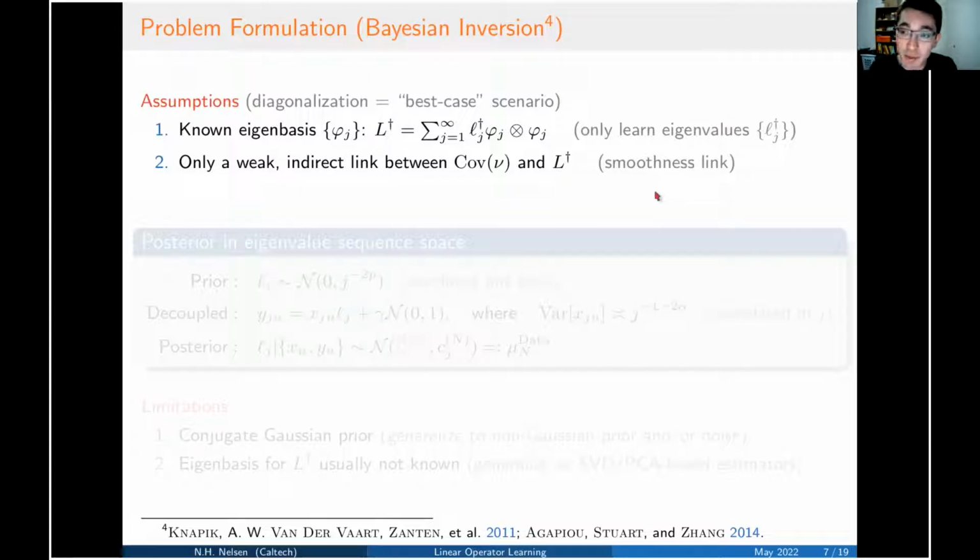It turns out it's still quite non-trivial to do this, and it's still quite important in understanding the full problem. Although this is quite idealistic, it is really the best case scenario. You can't, in some sense, hope to do better than this in the fully non-diagonal setting. So the theory that we developed gives a baseline for what you can expect from doing machine learning of linear operators.